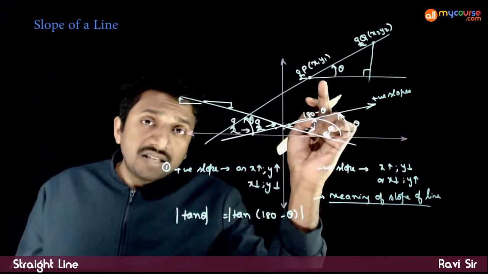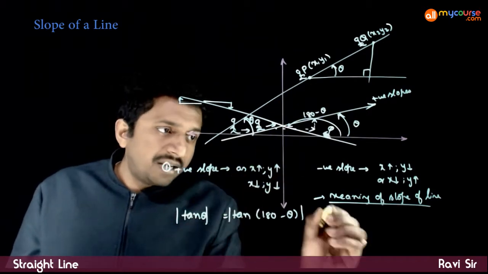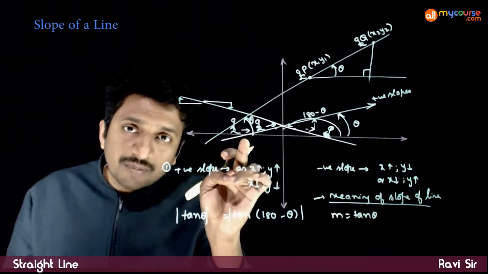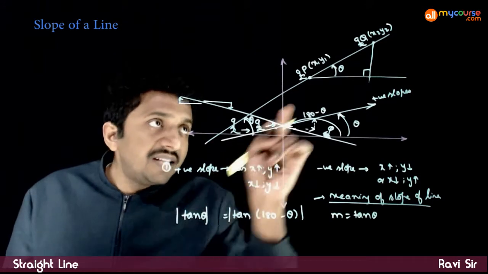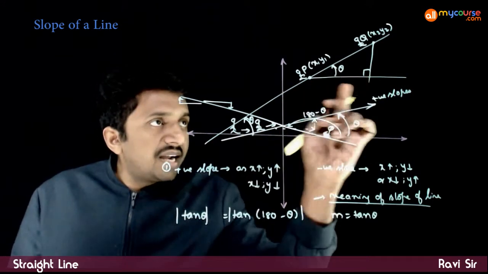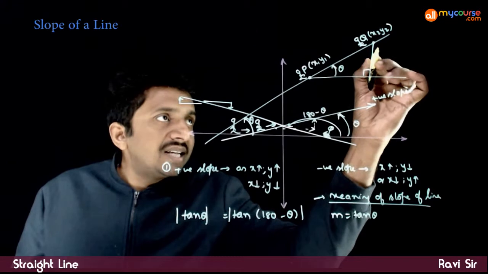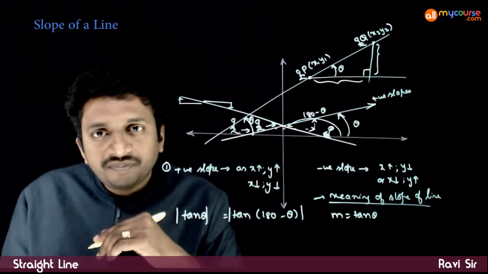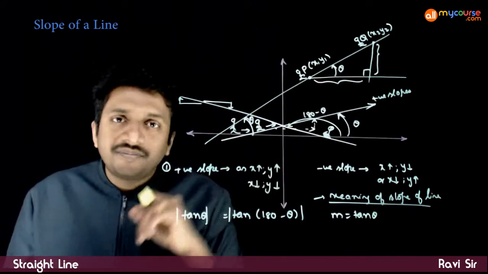Now, as we have seen, slope is nothing but tan of theta. But this theta is same as this theta. So this is a right angle triangle. So tan theta is nothing but this side divided by this side. Right?